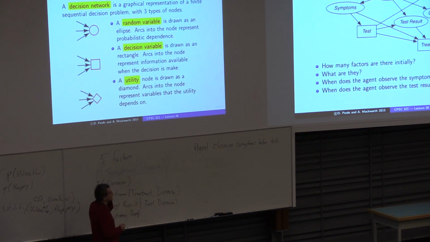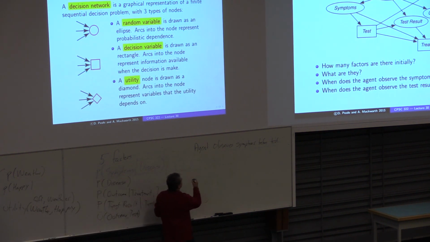Well, hang on. You only get to make observations for decisions. So right here, the decision variable represents the information available to it, the information available for decisions. So when does it get to observe the test results? Right, so the agent observes the test results before the treatment and after the test.